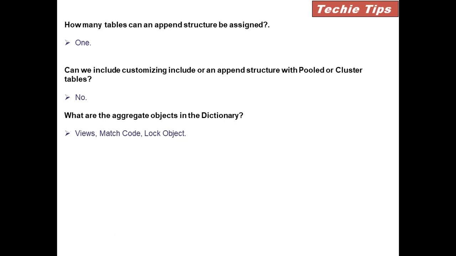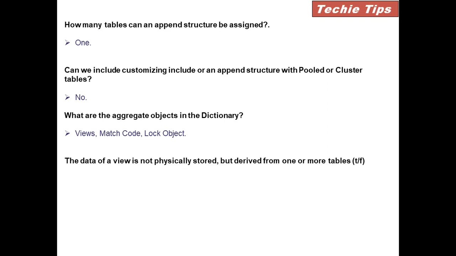We have a couple of aggregate objects such as views, match code, lock objects. The data of a view is not physically stored but derived from one or more database tables. Yes, it's true, because the data of a view is not physically stored. It is derived from the tables.